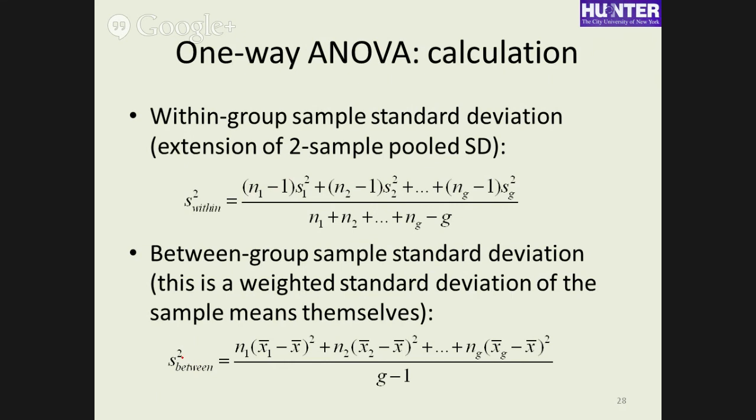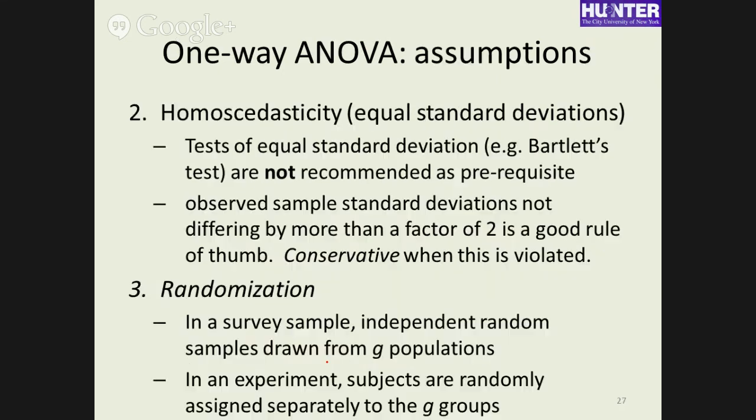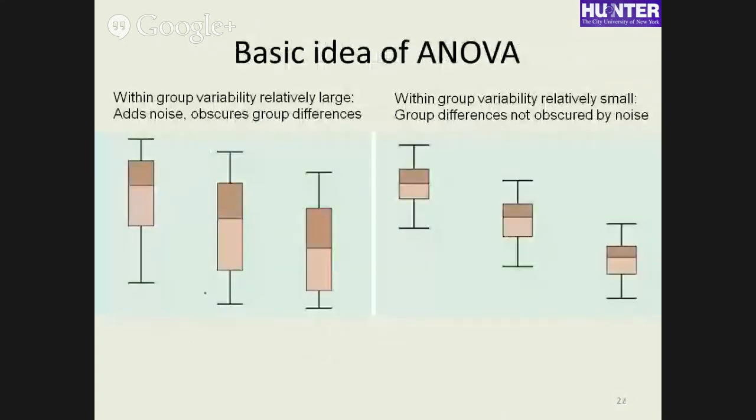And your standard deviation between groups would be a similar calculation, but using the mean for the group compared to the overall mean, and in this case weighted by the total number of samples in that group. So you could imagine in this plot, the withins, that's what you see here.